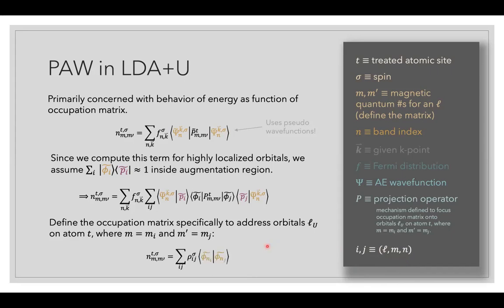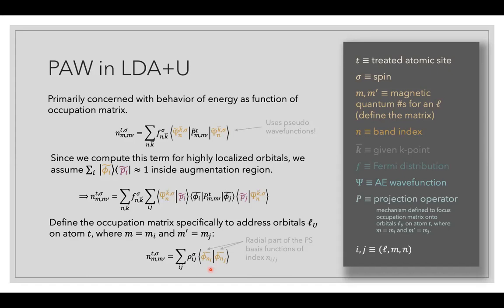So it condenses as follows. We end up getting that the occupation matrix elements are going to be sums of this density multiplied by the overlap between the radial parts of the pseudo basis functions of the specific plane wave indices ni and nj.